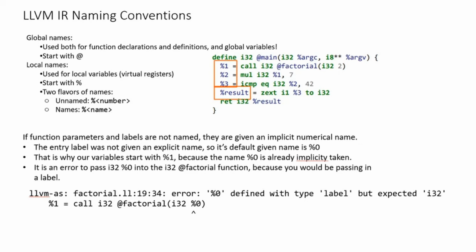So there are two flavors of names. The first ones are unnamed, such as %1, %2, %3, and then we can have also named variables.